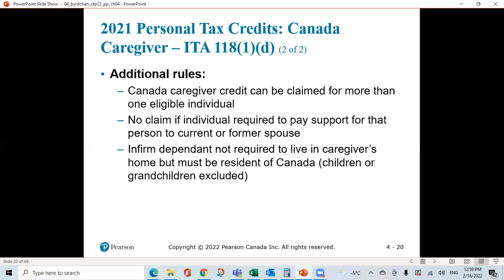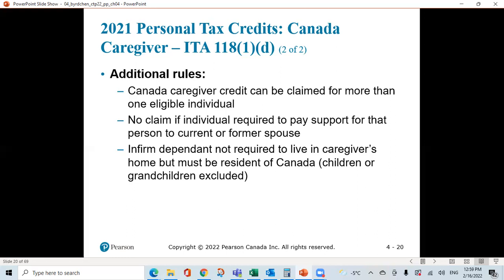So for example, if the person is only 9 years old, and there's no income, of course, how are you going to determine the tax credit? The child caregiver amount, because the person is only 9 years old, so under 18, we simply use the base amount of 2,273, and then times 15%.